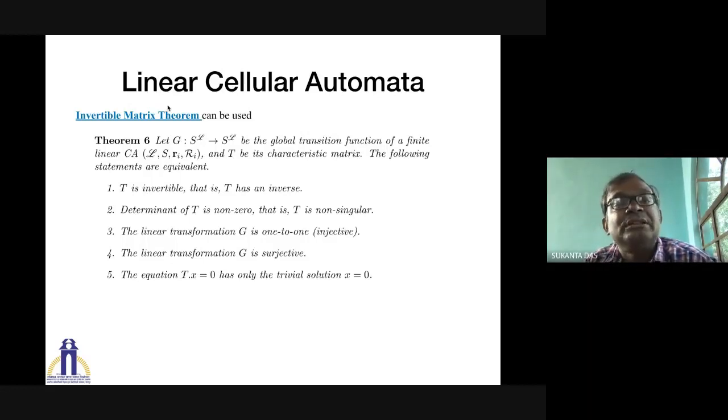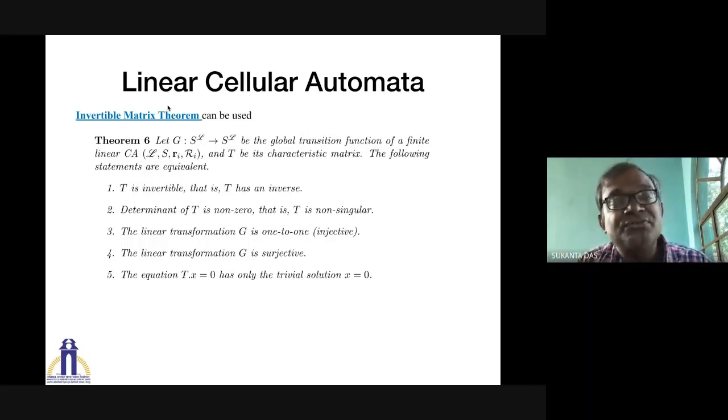Then you can say that the linear transformation G is injective, that is, one-to-one. Then you can say that the linear transformation G is surjective. So 3 and 4 say that if a finite CA is injective, then it is surjective, and vice versa.